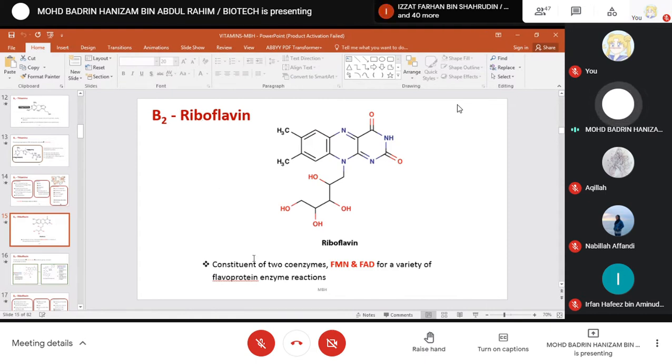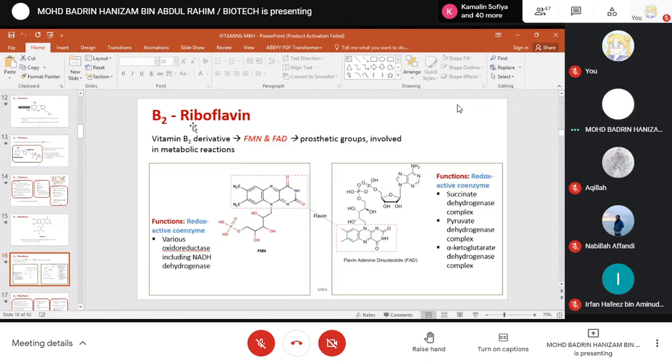It is a constituent of two coenzymes, FMN and FAD, for a variety of flavoprotein enzyme reactions. So vitamin B2 derivatives FMN and FAD are the prosthetic groups. You know what a prosthetic group is? I think I already taught you in carbohydrate metabolism. So prosthetic groups are involved in metabolic reactions.